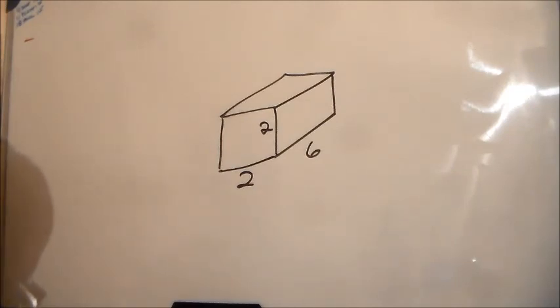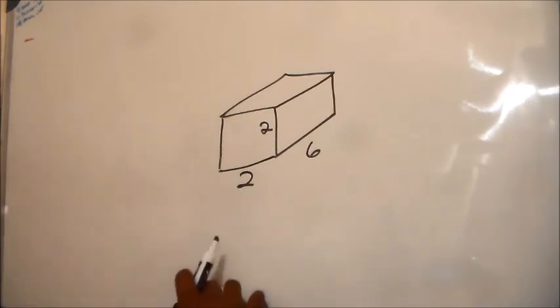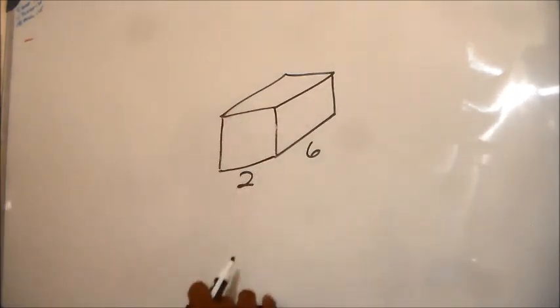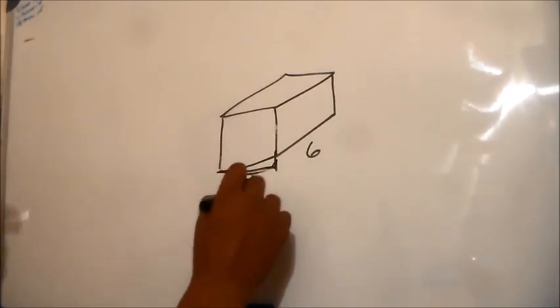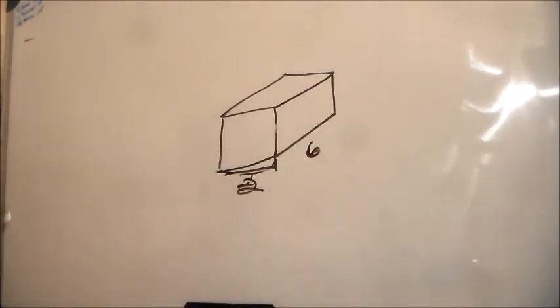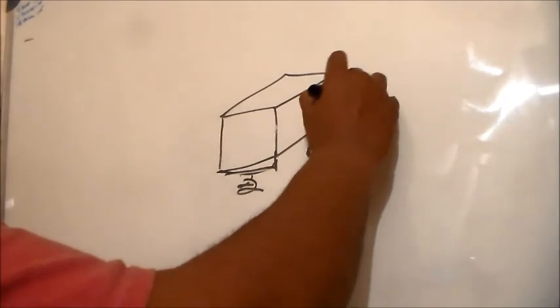Trying to find a pretty good example in my notes. Whether it be a rectangle or a square, just a good way to remember that is look at the front part, which we'll call 2, 6, and then this part.